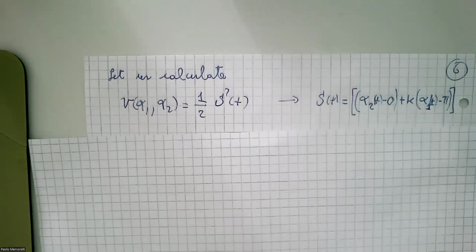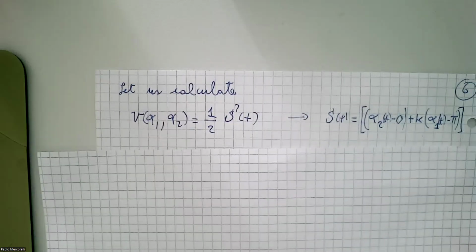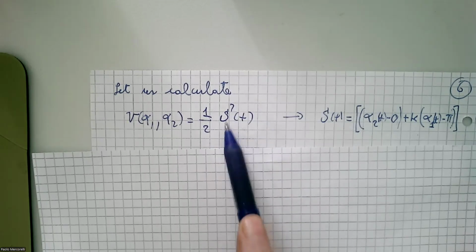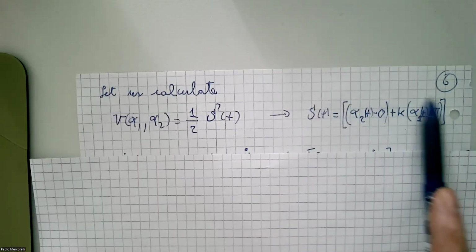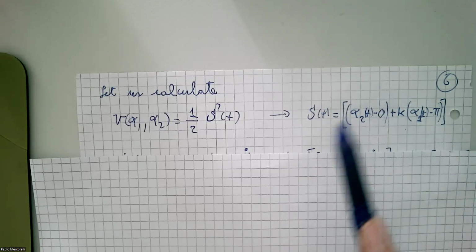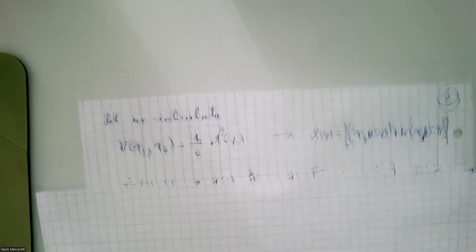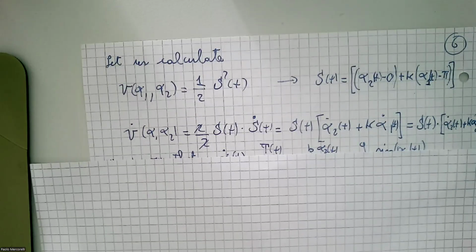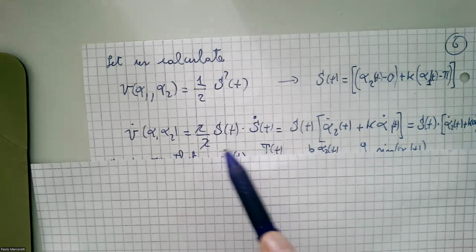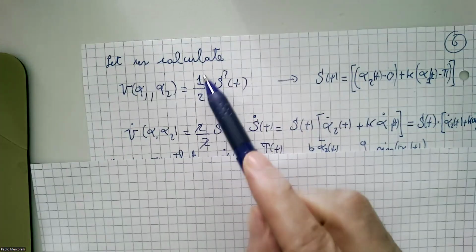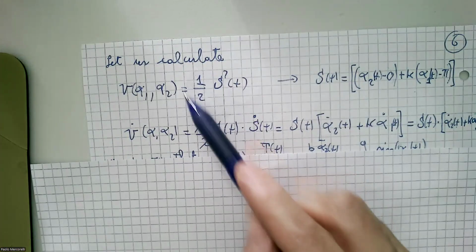Now, instead of this long expression, we consider this expression here in which S is exactly, you remember, what we had before, squared. Now, let me calculate the derivative. 1 divided by 2 is there just formally, and if you don't like it, we can omit it. It doesn't change anything concerning the positiveness.